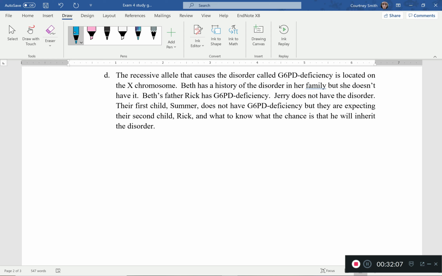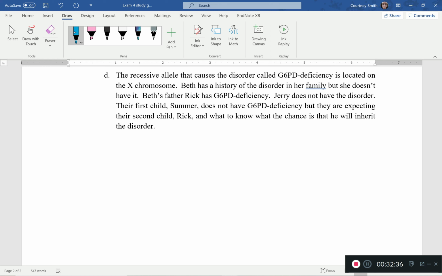Beth's father has the deficiency. Jerry, her husband, does not. Their first child, Summer, does not have the deficiency, but they are expecting a second child, Rick, and they want to know the chances of which their second child will inherit the disorder.